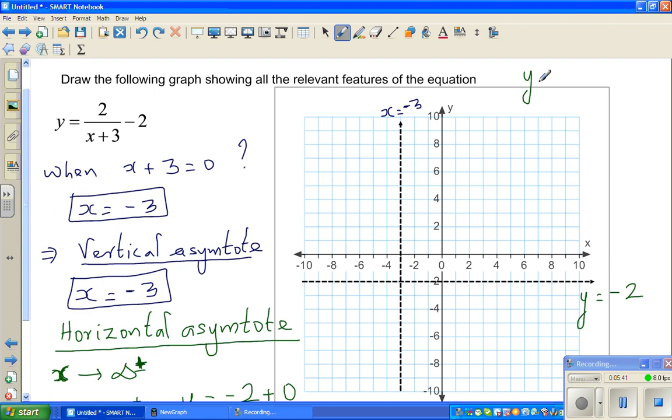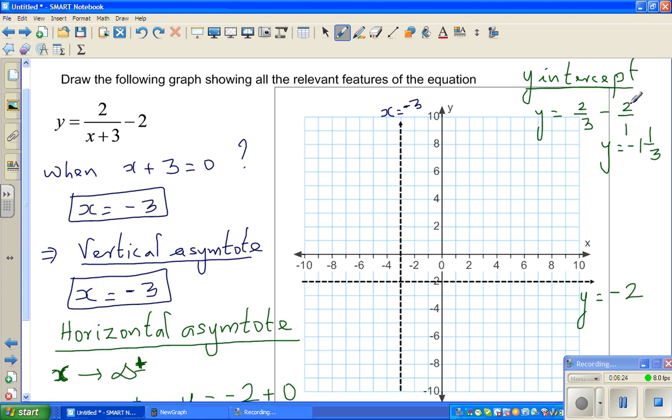So y would become 2 over 3, minus 2. 2 is how many thirds? It is 6 over 3.